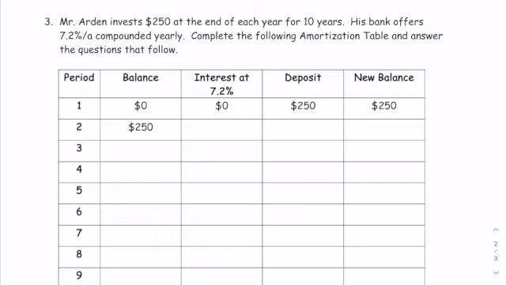So, in order to complete this table, you'll notice that the new balance becomes the current balance. So here we have 250 times 7.2%, which is going to give us $18. And then he always deposits $250. So you could fill this in here.